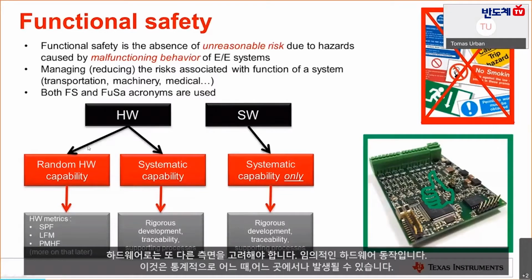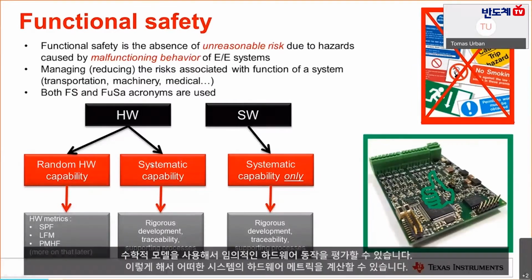Whereas in hardware, there is an additional aspect, which is random hardware failure, and that can come statistically any time, anywhere. There are some mathematical models for how to evaluate random hardware failures, and based on those, I will talk about those later, we calculate the hardware metrics of any kind of system.